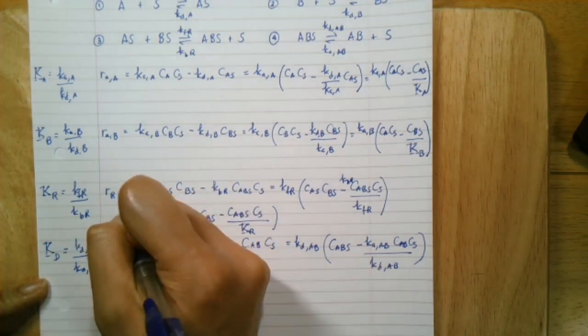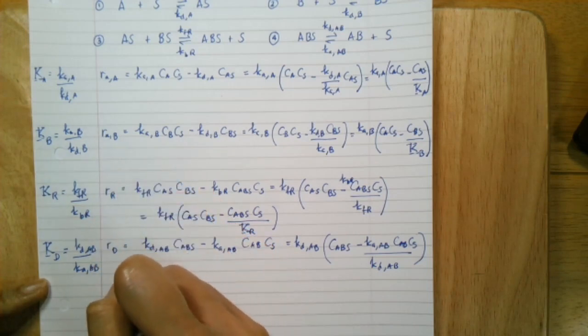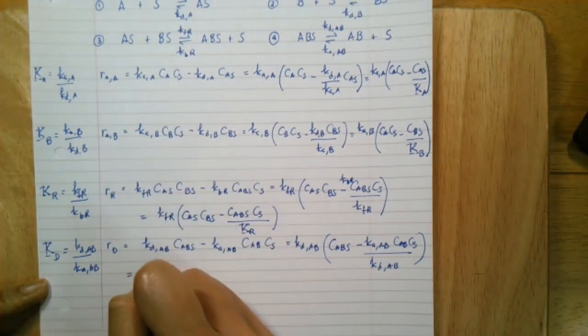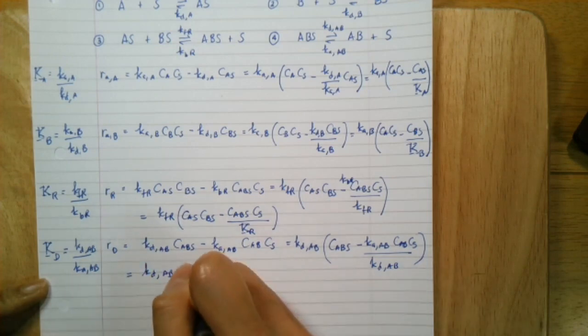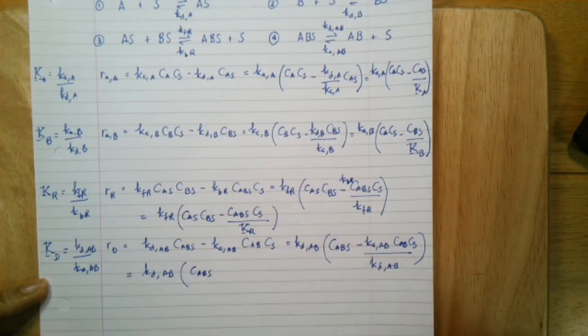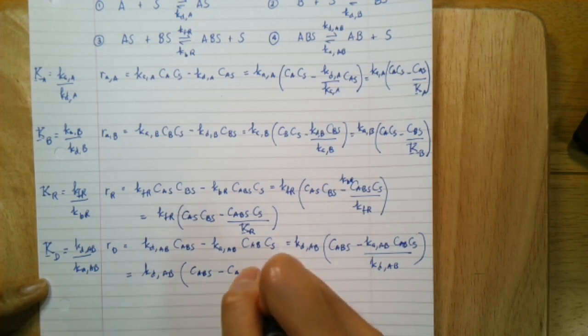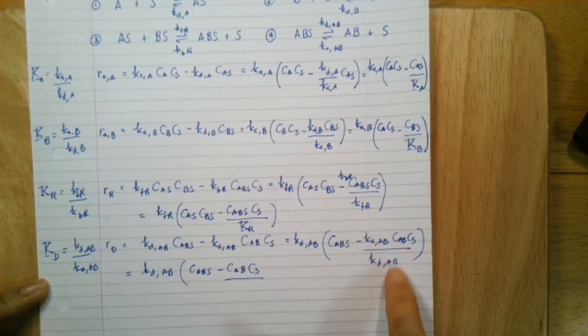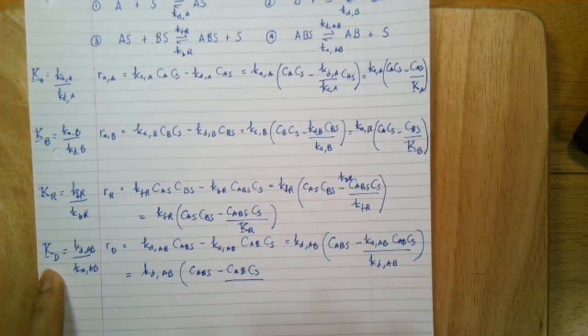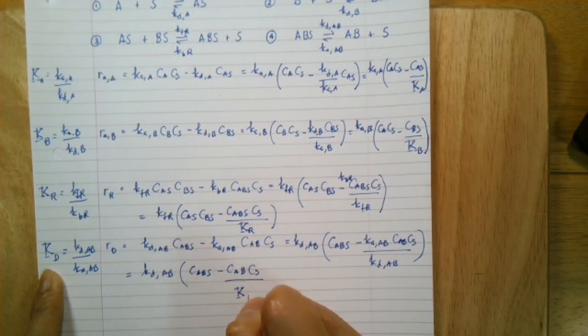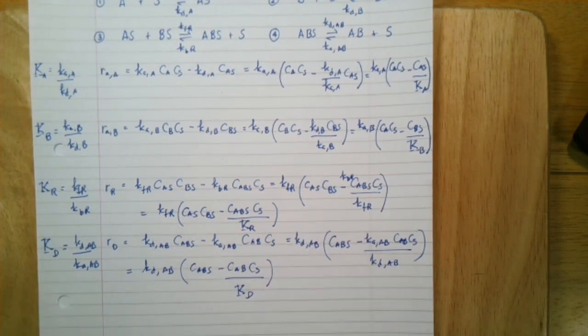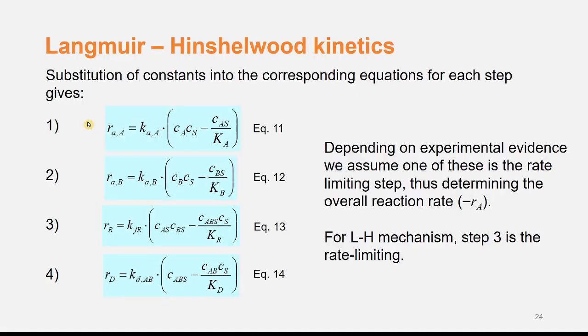So I can write RD as KD,AB times CABS minus CAB CS over KD. So here are the net rates for the 4 steps in terms of the equilibrium constants.